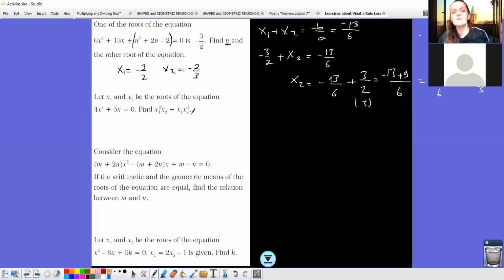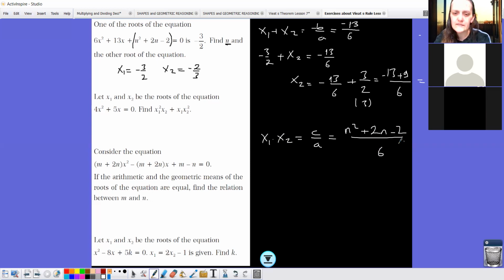Yes, you can do this, or again with Vieta's theorem, x1 times x2 is equal to c over a. What is c here? All this is c. n squared plus 2n minus 2 over 6 is equal to x1, minus 3 over 2, times x2, minus 2 over 3. Minus times minus will be plus, so we will have n squared plus 2n minus 2 over 6 is equal to 1.